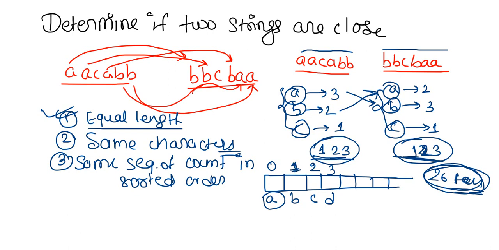Whenever we encounter a particular letter in our word, we are going to increase the value of that particular field, which was initially 0.